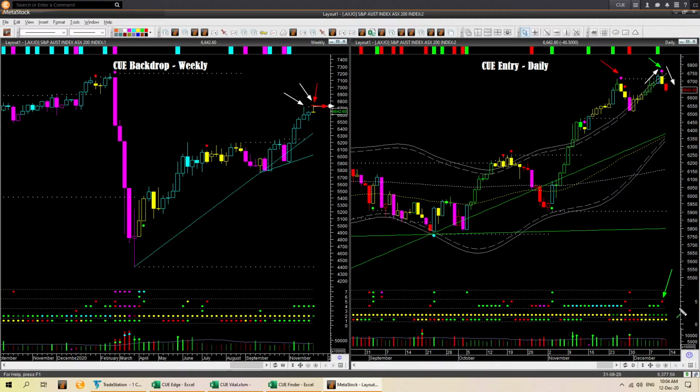That met all the requirements of a box short trade setup on Thursday and also a headwind short trade setup. You could take a short position in AXJO. Of course, it is an index. If you are not able to trade the index, you could look for equivalent ETFs or individual stocks.